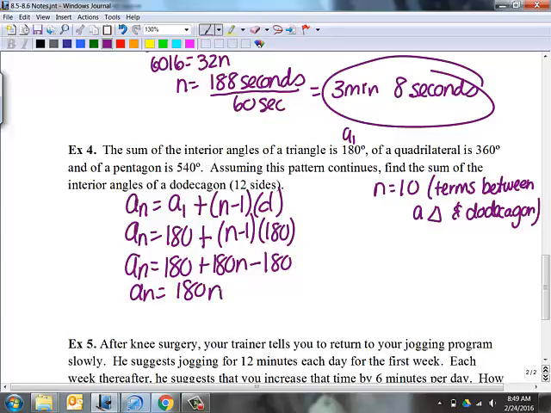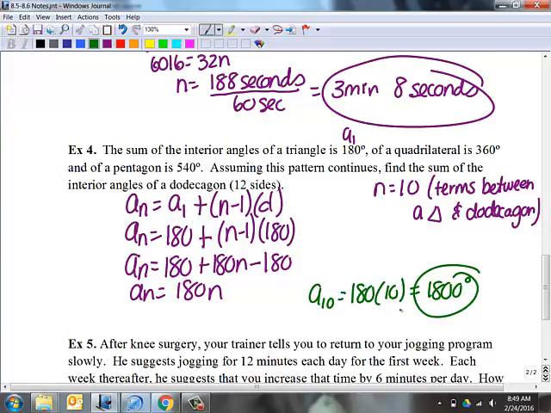What do I have to plug in for n to find out the dodecagon? 10, because there's 10 terms between there. So when you plug in 10, you get 180 times 10, which is 1800 degrees. So there's 1800 degrees in the sum of the interior angles of a dodecagon.